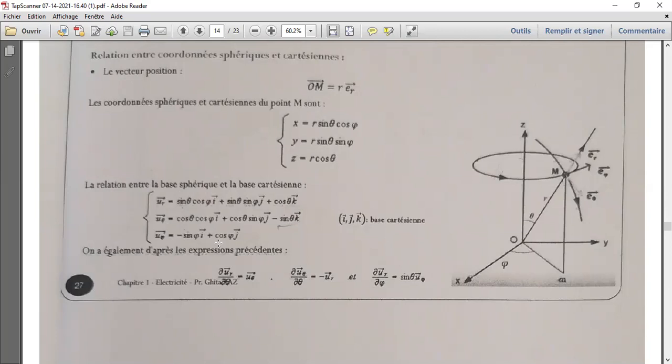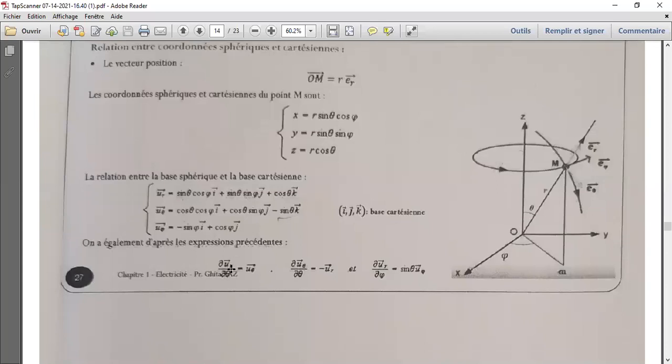And here you should also know that when I say partial differentiation of UR divided by d theta, it means I have to differentiate my UR in terms of theta.